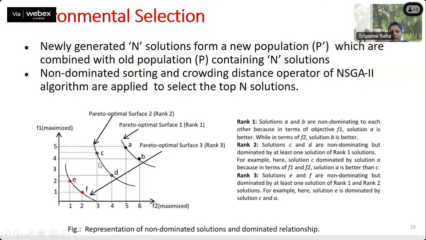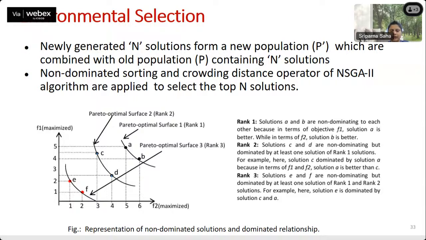C and D are dominated by A and B, but they are non-dominated to each other. So they are the rank 2 solutions. E and F are the worst solutions. So they are the rank 3 solutions, and they are dominated by CD and also AB. So this way we are basically making a ranking of all the solutions.